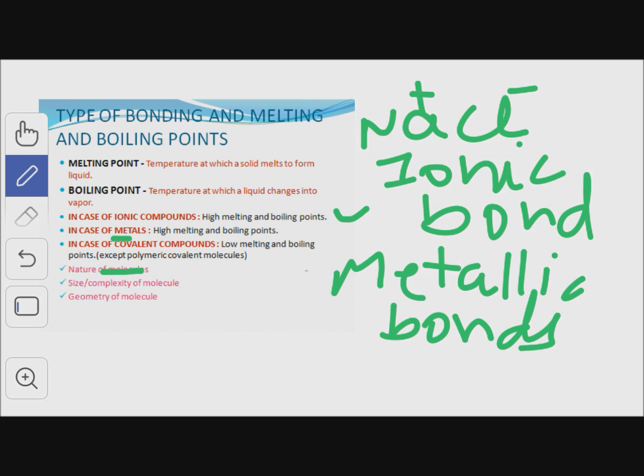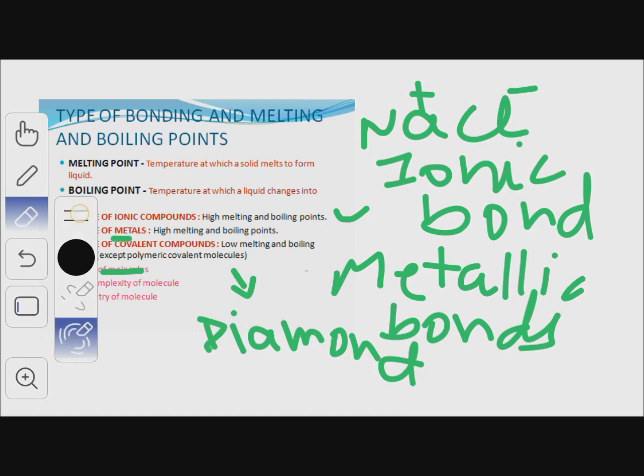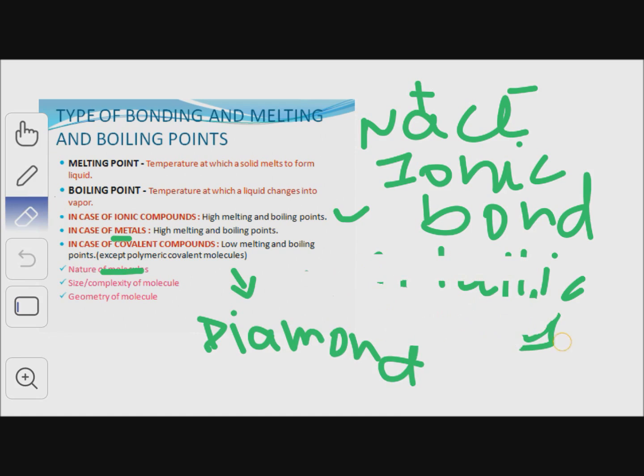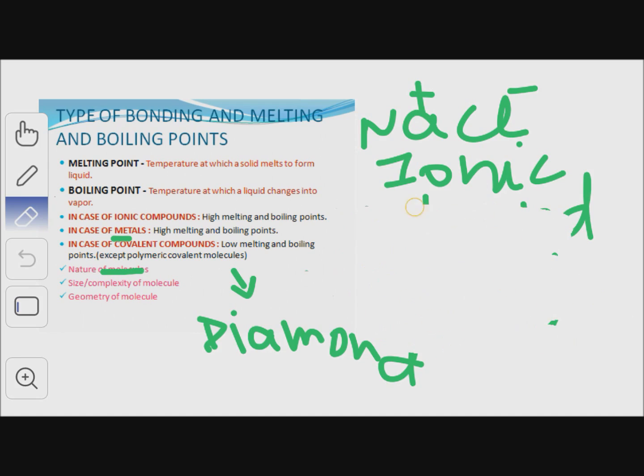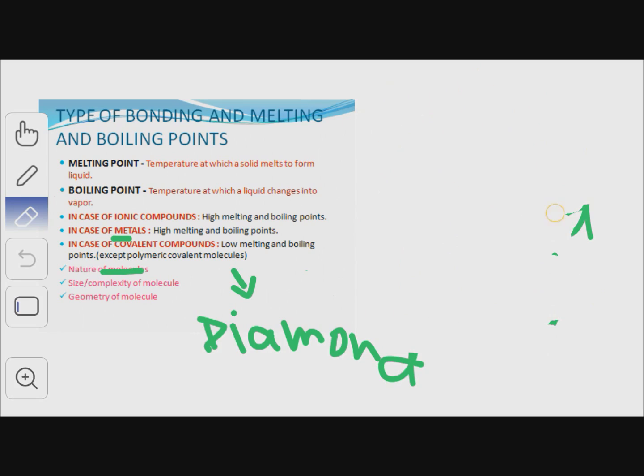Polymeric covalent molecules are those which form a three-dimensional network. For example, diamond, in which carbon is tetrahedrally arranged with each other. And this tetrahedral structure makes the diamond hard and rigid.